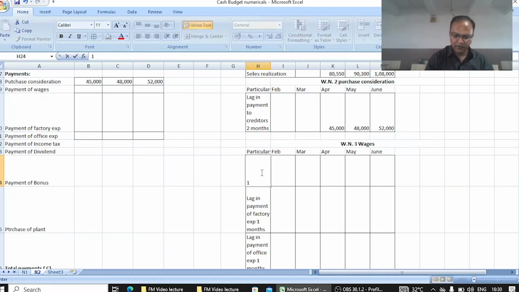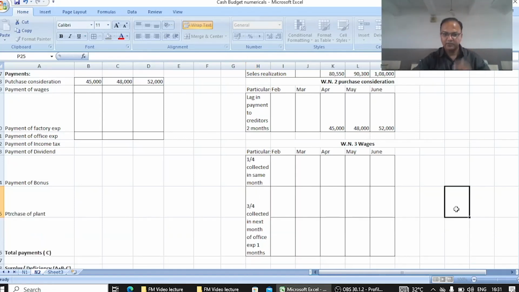One by four collected in same month. 3 by 4 collected in next month.